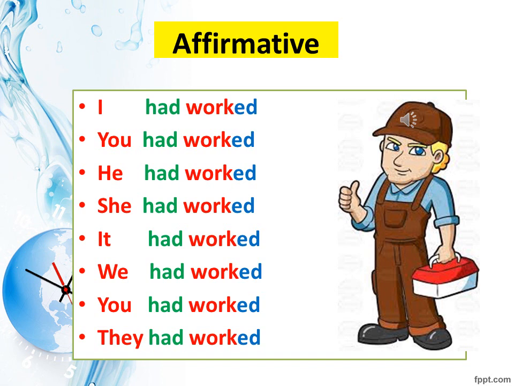So you notice here in green we have the helping verb had and we have the verb work in the past participle ed, so it becomes worked. So had worked it doesn't change with all subject pronouns. يعني نفس الفورم had worked استعملناها مع جميع subjects pronoun I, you, he, she, it, we, you, they.